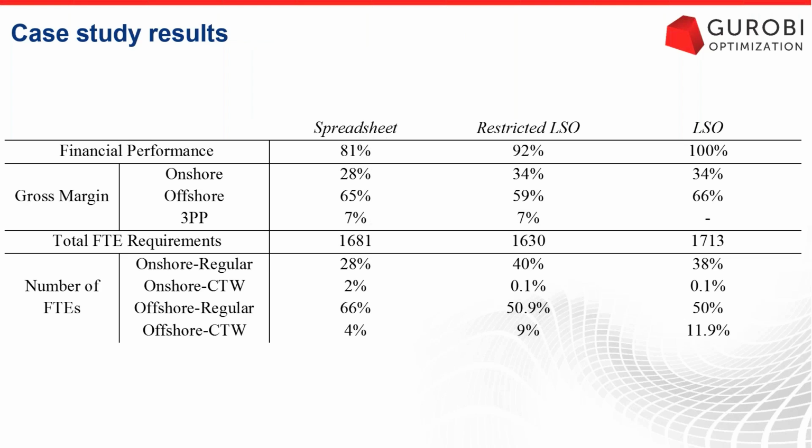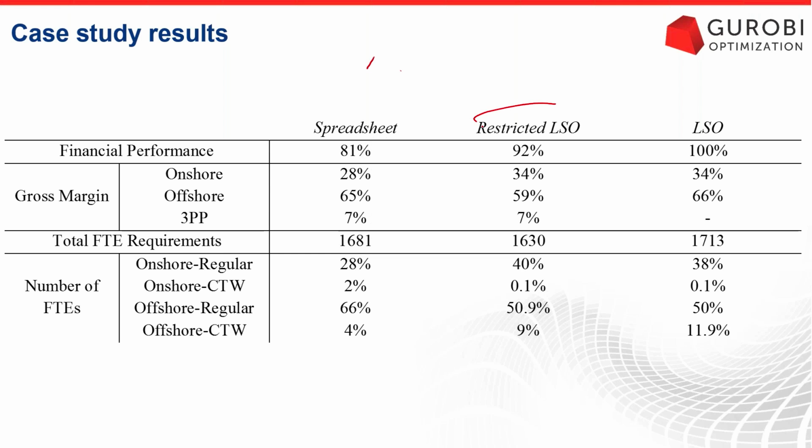We compare our optimized LSO solution with the manual spreadsheet approach and the restricted optimization approach. In the spreadsheet approach, as we saw earlier, much of the decision relies on pre-specified percentage allocation rules and subjective judgment.